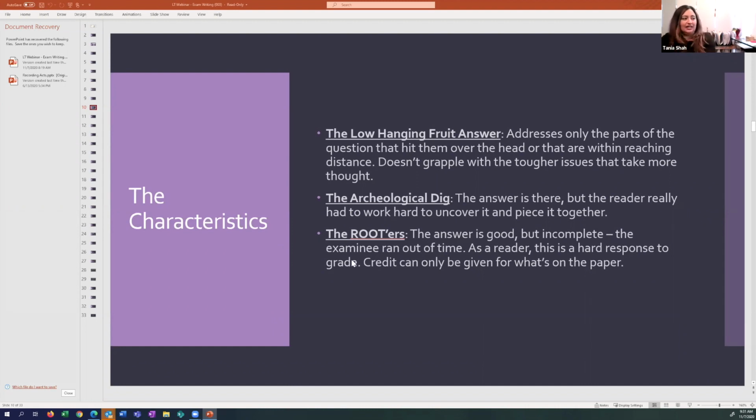Professor Raposa, what's the low-hanging fruit? So the low-hanging fruit answer is the answer that just addresses really straightforward issues and doesn't do a deep dive into the fact pattern, doesn't discuss the issues that are a little bit more gray, only discusses the obvious issues.